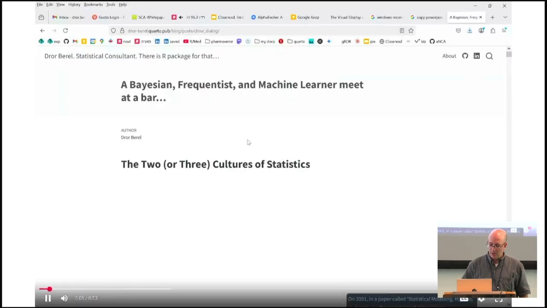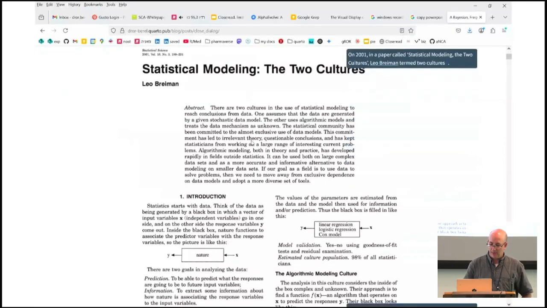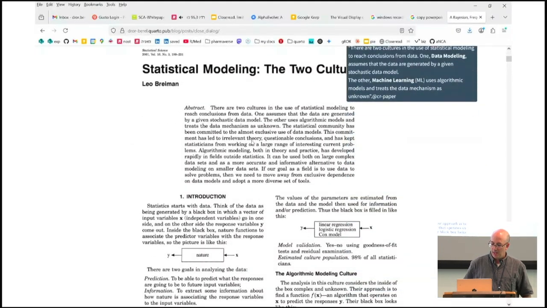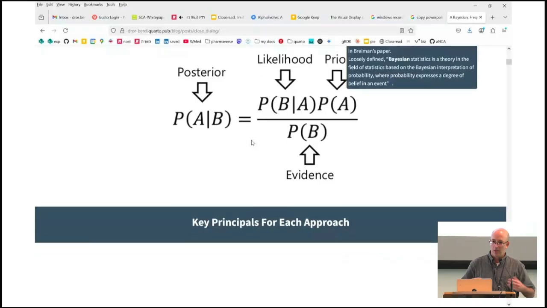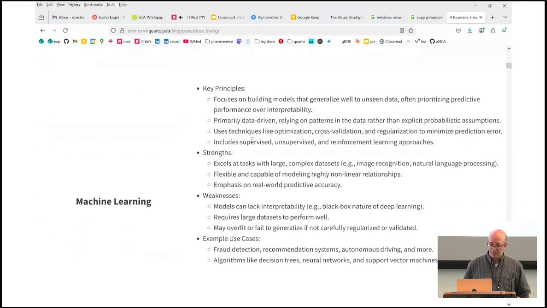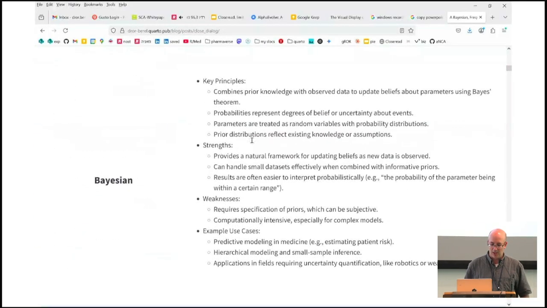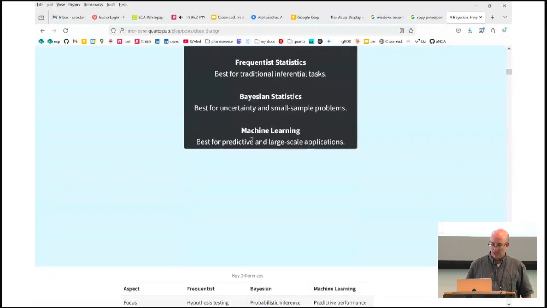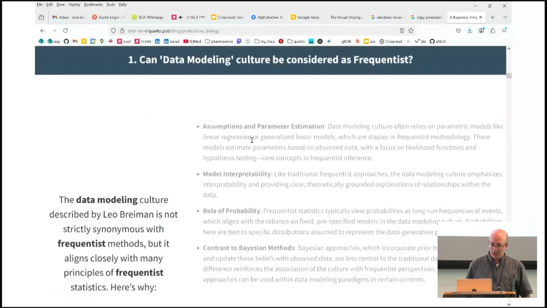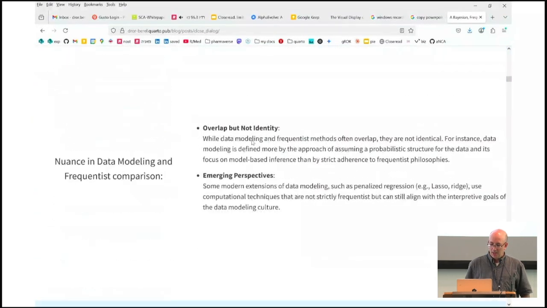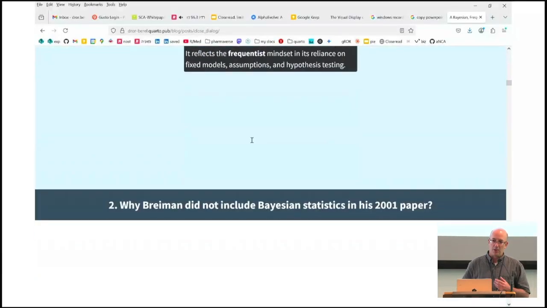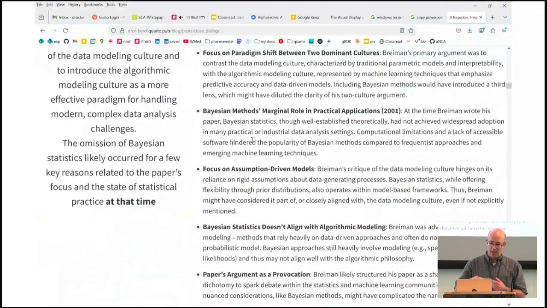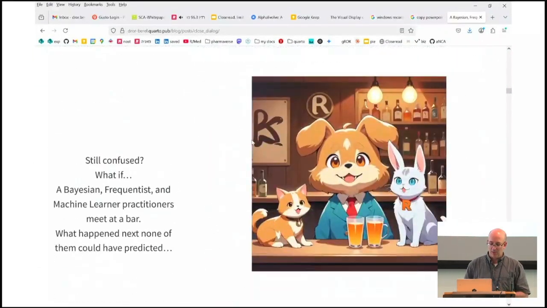So I begin by introducing. Again, the user is scrolling down with the reference to the paper, and there are things going on on the right side with pop-ups, giving a very basic introduction for each of the fields: machine learning, Bayesian, and the summary table that I mentioned. More context if the user does not want to read it, that's fine. They keep scrolling down. Answers to the three burning questions.